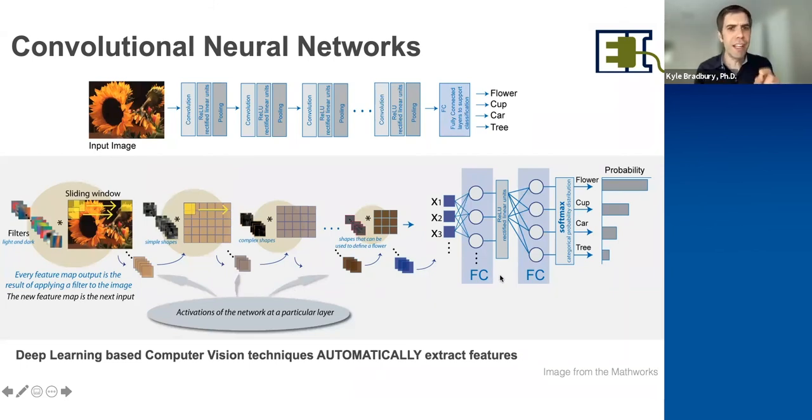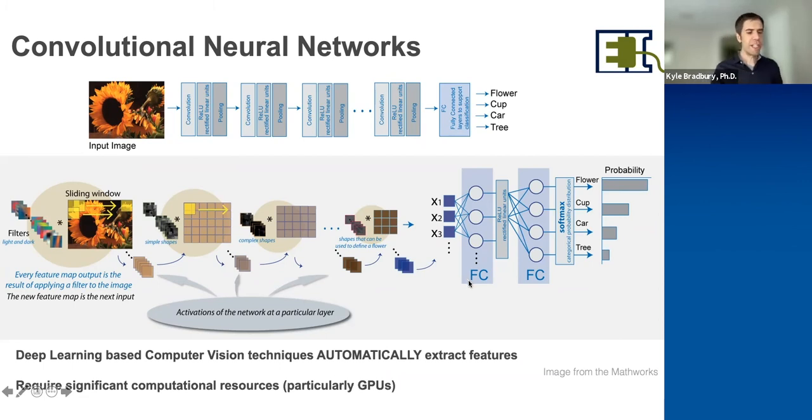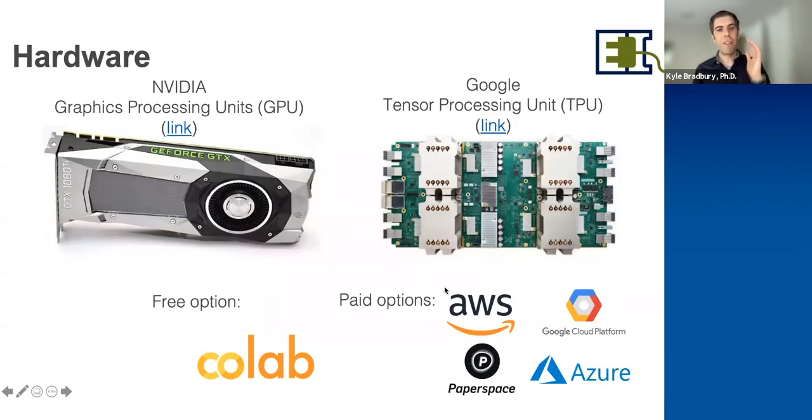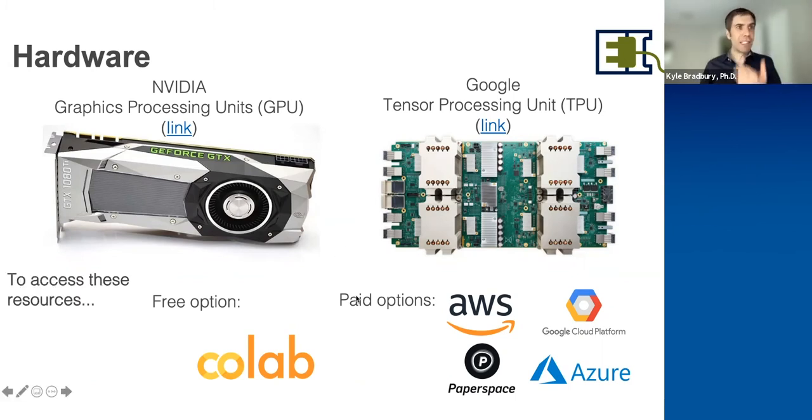But to do this, it requires significant computational resources, particularly GPUs, graphics processing units. Now, these systems, and NVIDIA has a bunch of these cards, Google has tensor processing units now. These are the workhorses behind these advances. And to access these resources, we need access to these GPUs and TPUs. And so there are some things that you can start using now.